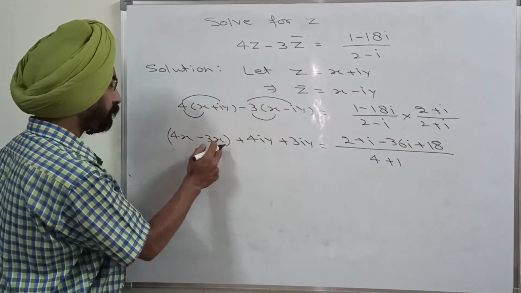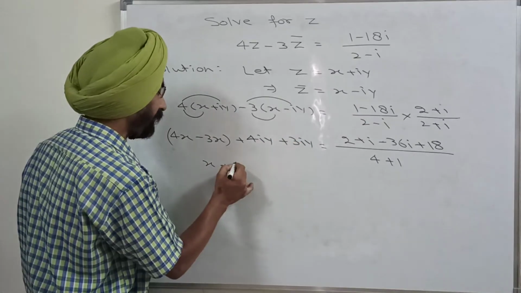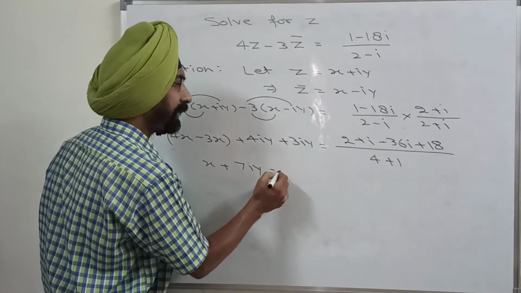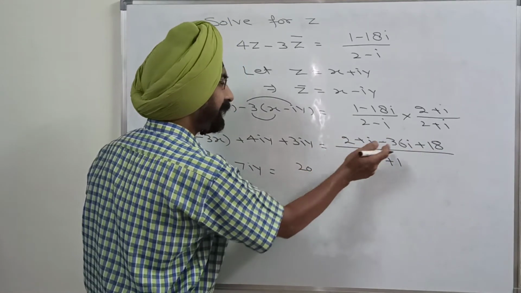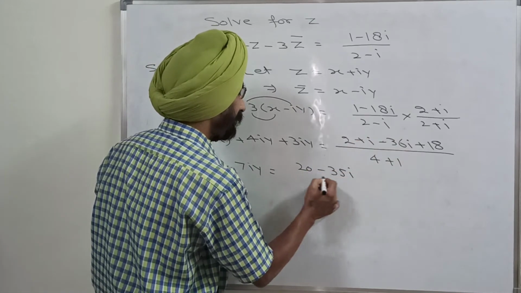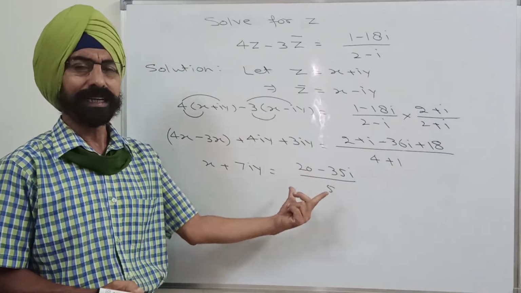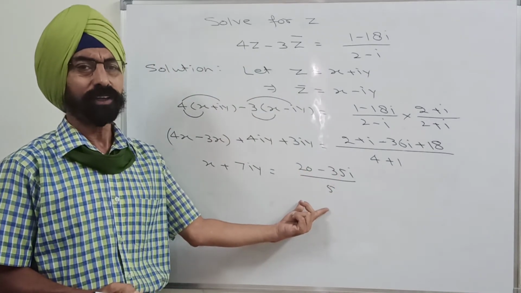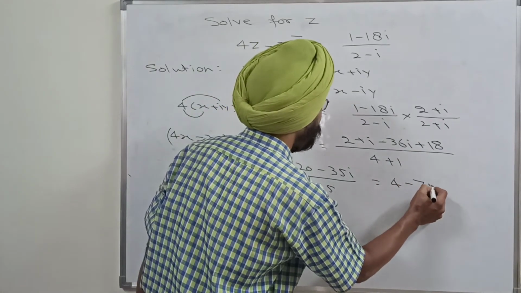Now 4x minus 3x is x, plus 4 iota y plus 3 iota y is 7 iota y, is equal to 2 plus 18 is 20, and minus 36 iota plus iota is minus 35 iota, divided by 5. 5 can be taken out from the numerator and cancelled with the 5 of the denominator to give the result 4 minus 7 iota.